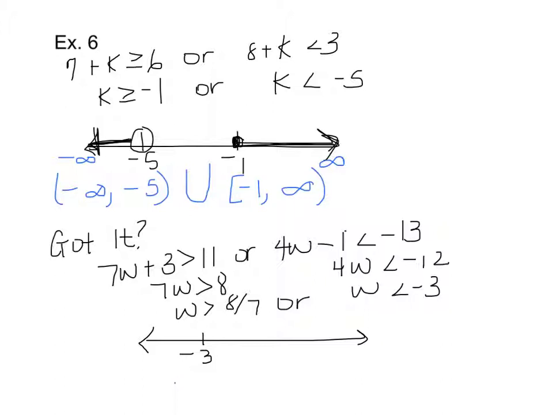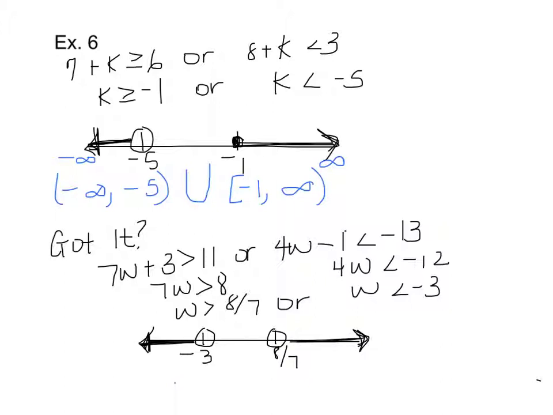Here's -3, 8/7, just approximate that. Okay, and then in both cases, neither of our solutions is included. So they both have an open circle. This is smaller. This one is larger.